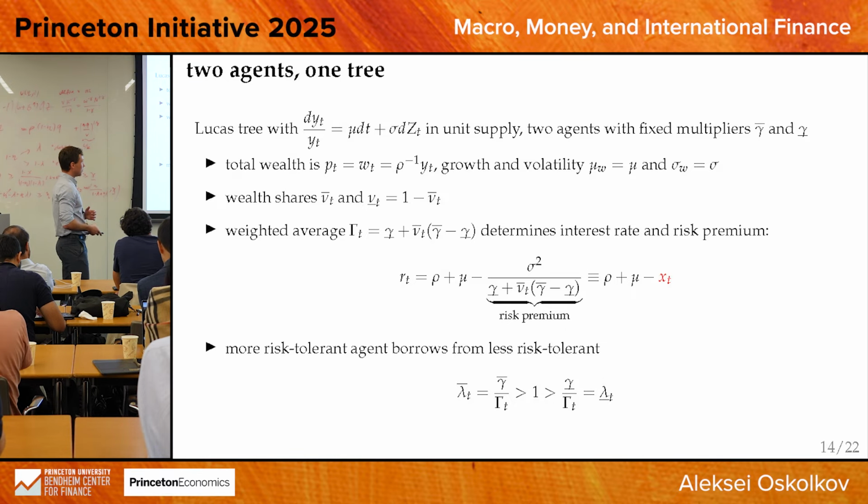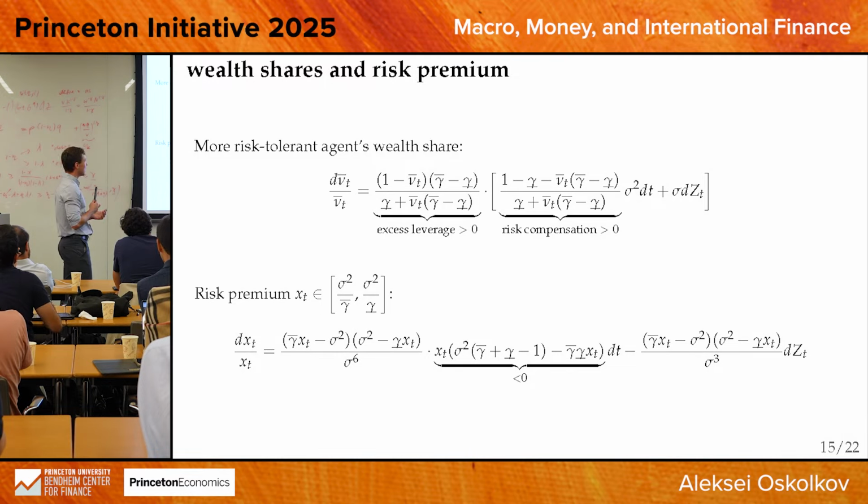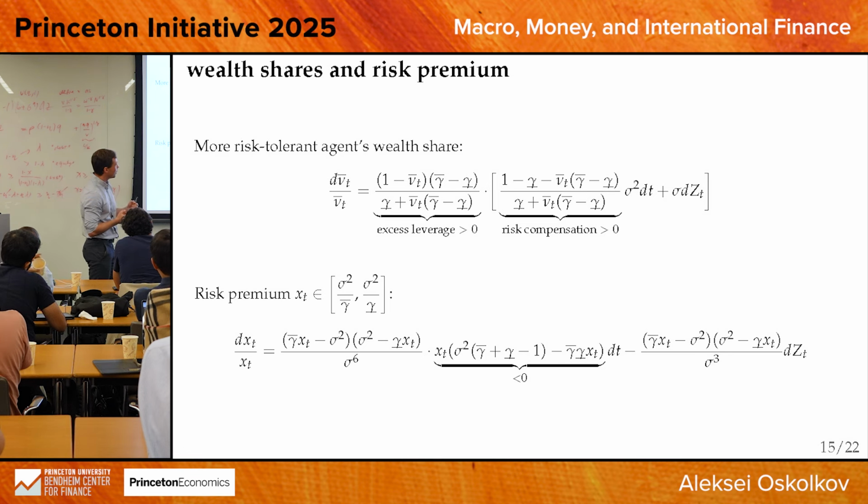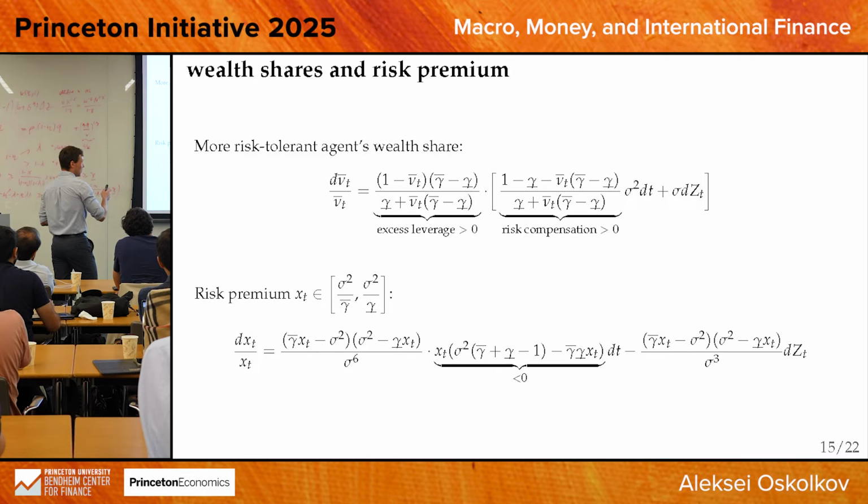Okay, so it's kind of expected here that shocks to the Lucas tree are going to move the wealth distribution, or this single wealth share, in the direction wealth share of the risk-tolerant agent increases in good times, decreases in bad times. With this example, there's in fact a simple closed form solution for the dynamics of the wealth shares.